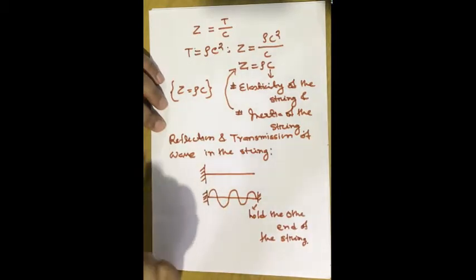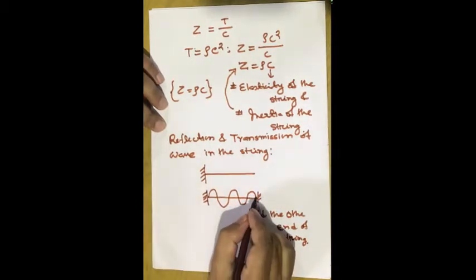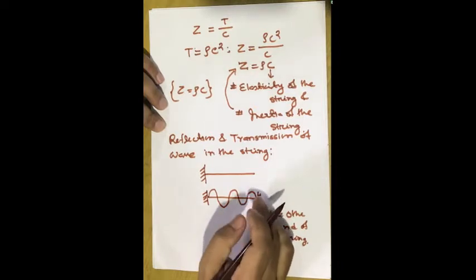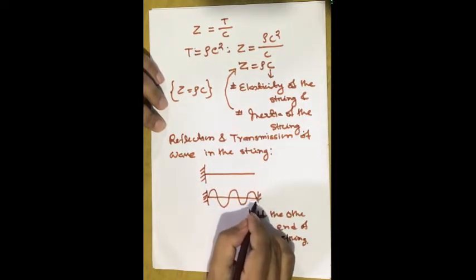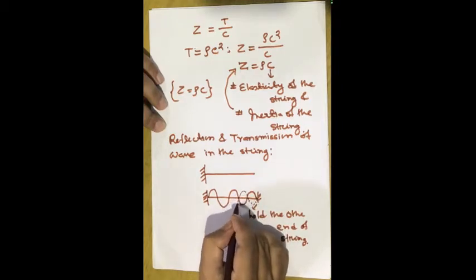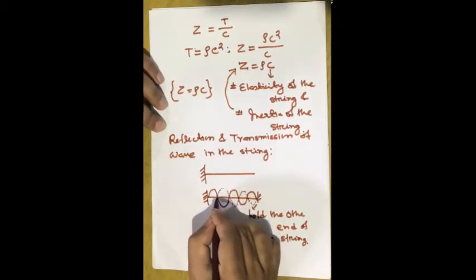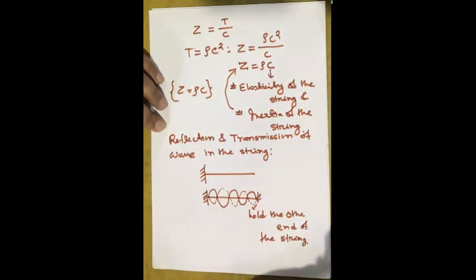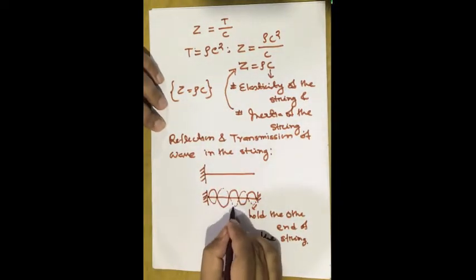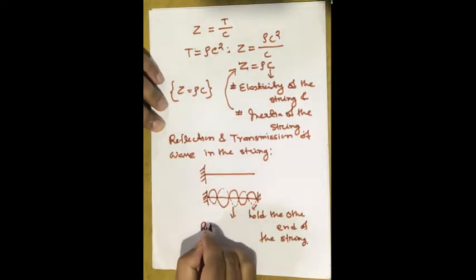So the wave which reaches the end may get reflected back in this direction again. It will change its direction and travel in the opposite direction. This wave we call a reflected wave.